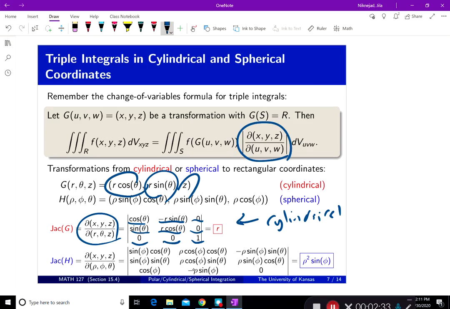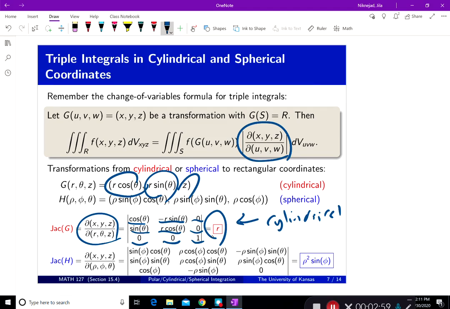Using the first row to expand is a very convenient way of doing this. And then when you find the determinant, you end up with r, which is familiar. This also happened in polar, and there are so many similarities between cylindrical and polar that it explains it better.